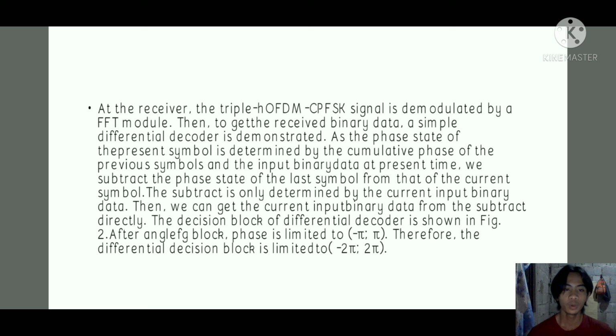Then we can get the current input binary data from the subtraction directly. A decision block of the differential decoder is shown in figure 2. After the angle block, phase is limited to negative pi and pi. Therefore, the differential decision block is limited to negative 2 pi and 2 pi.